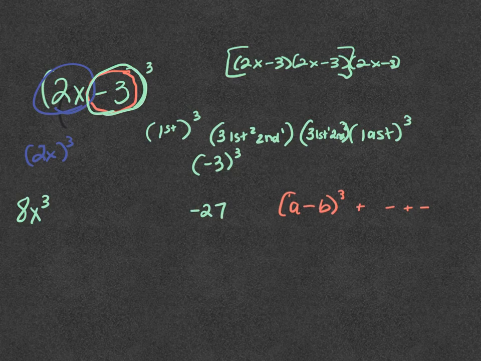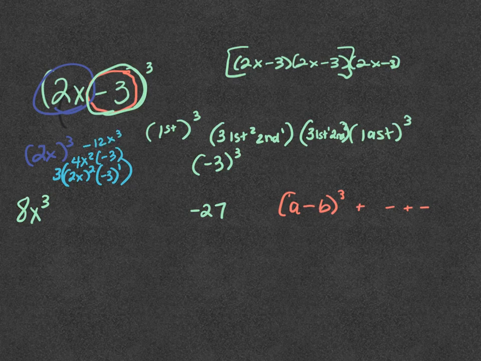Then for the second product, I'm going to do 3 times the first term squared, 2x squared, times the second term, negative 3 to the first. So this becomes 4x squared times negative 3 becomes negative 12x to the third, and then I multiply it times 3, and I get negative 36x to the third.